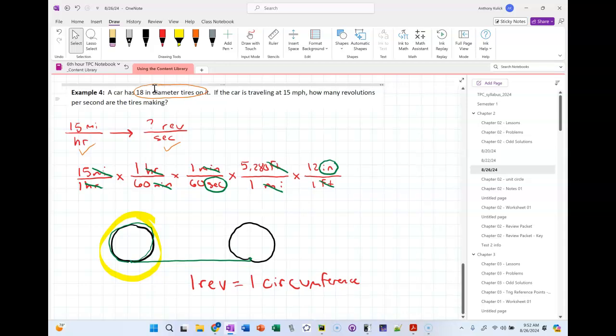So our car has 19-inch diameter tires. How far is one circumference for a tire with 18-inch diameter?